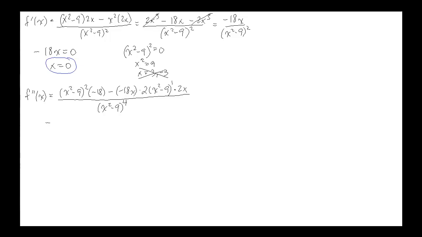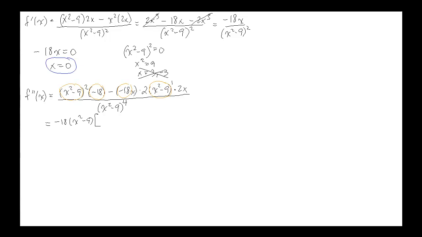All right. Now, what I'm going to do here is instead of multiplying all this out, I'm going to pull out common factors. So notice I have a common factor of an x squared minus 9. I can also factor out a negative 18. I'm going to pull out a negative 18 and a factor of x squared minus 9. What will that leave behind in the numerator?